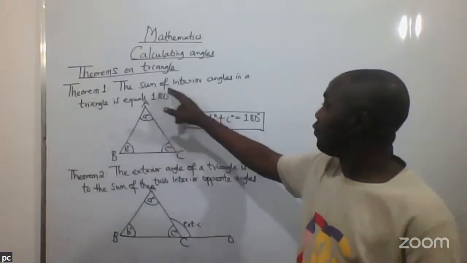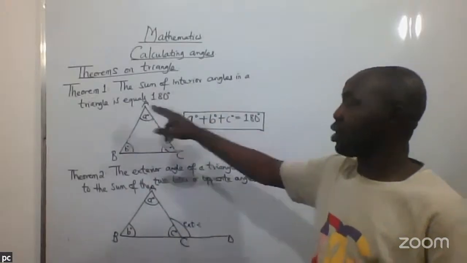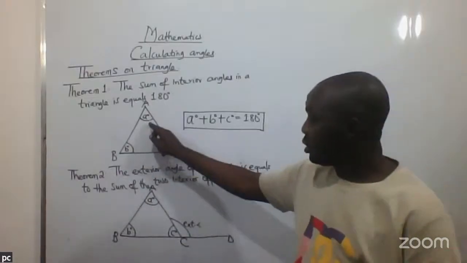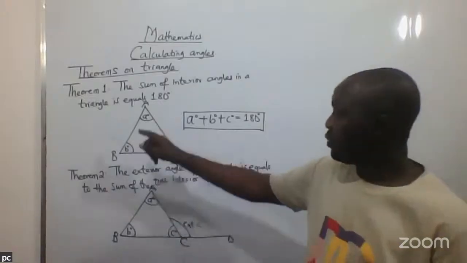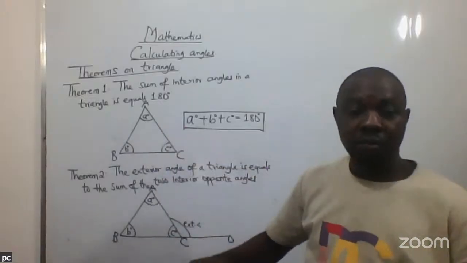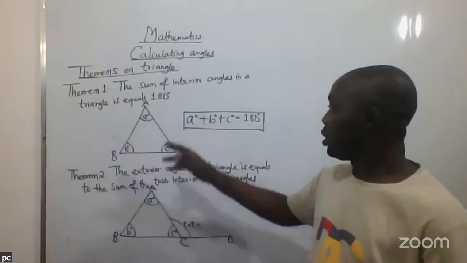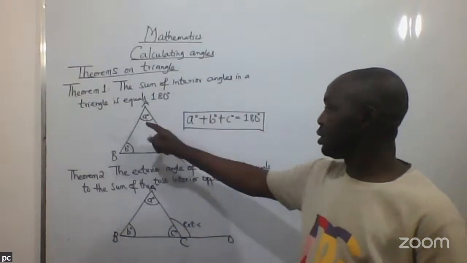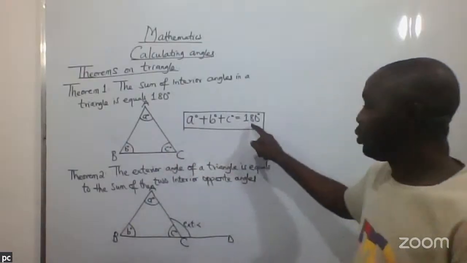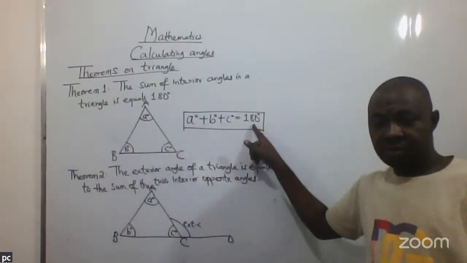The sum of interior angles in a triangle, that is, the internal angles given inside the triangle, are called interior angles. So the sum of interior angles in a triangle, that is a, b, and c, will be equal to 180. That's the first theorem.